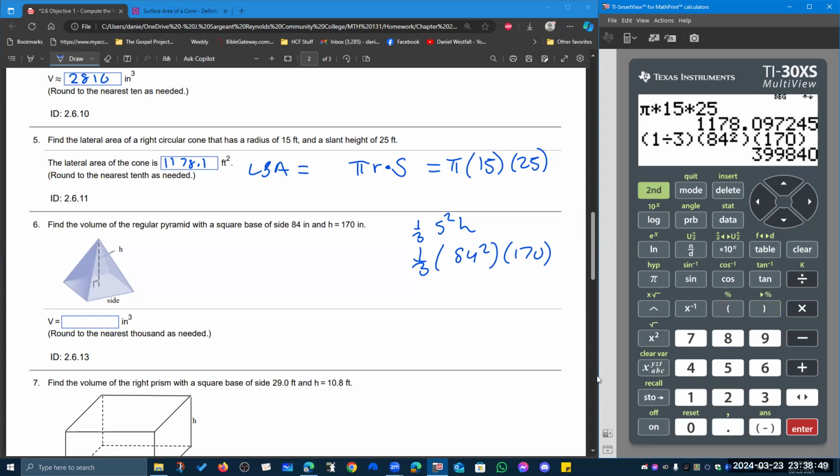And we want to round to the nearest 1,000 as needed. So that's going to be 400,000 cubic inches.